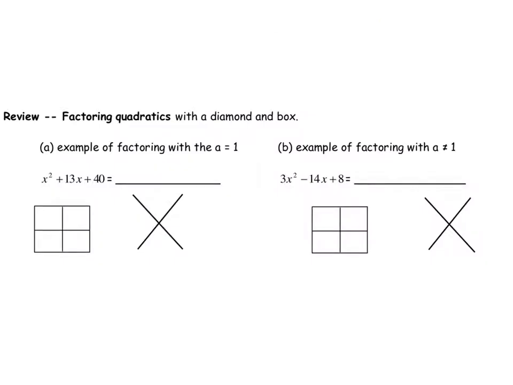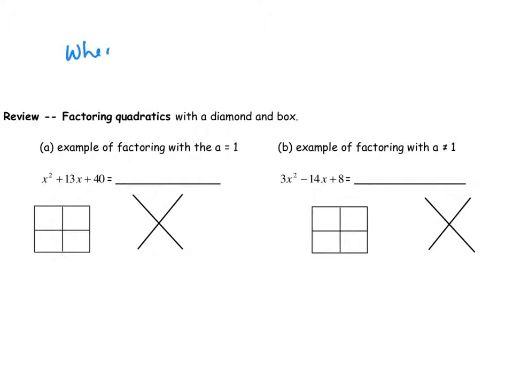All right, now to review how to actually solve those quadratics. Anytime you are solving a quadratic, you need to have it equal to 0, almost every time. So I'm going to make a note of that real quick.